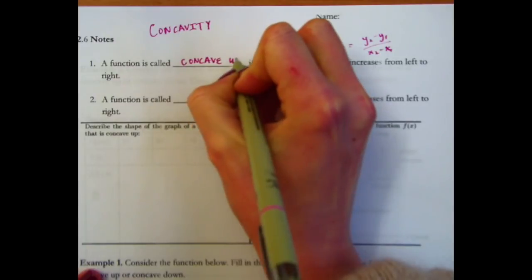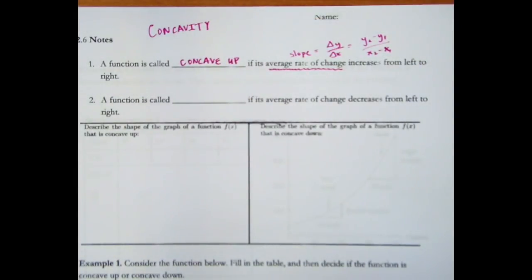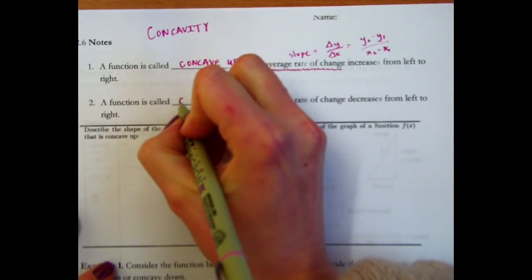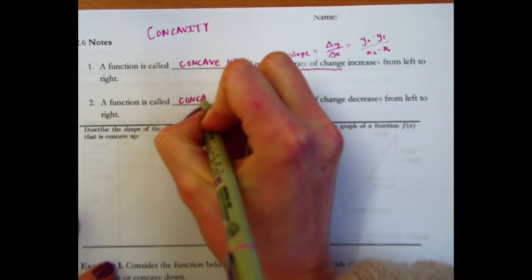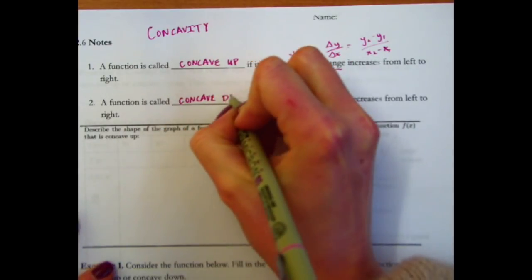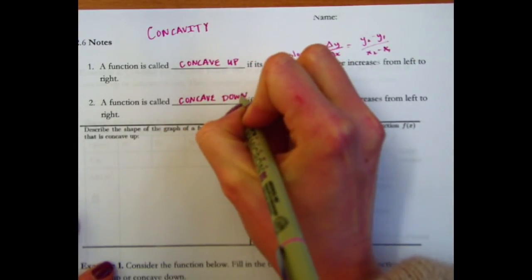This is a huge idea for the rest of calculus and higher math. You'll hear functions talked about a lot as concave up. The opposite of that, you might be able to guess, would be concave down.